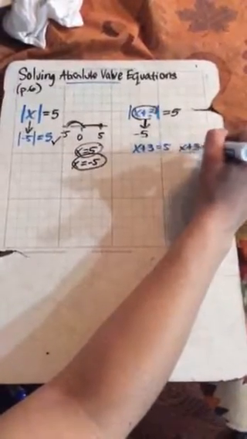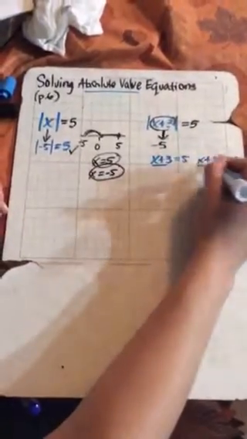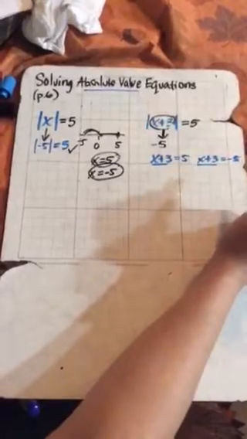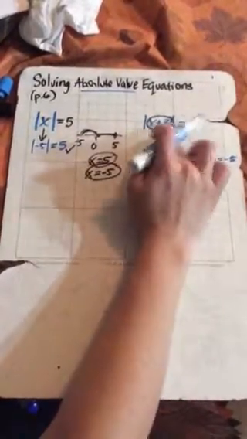So we say a different equation: x plus 3 is equal to -5. So now we have two different equations. The x plus 3 part, we're not changing. So here we have two cases. We have a positive case, +5, and we have a negative case, -5. The x plus 3 doesn't change.